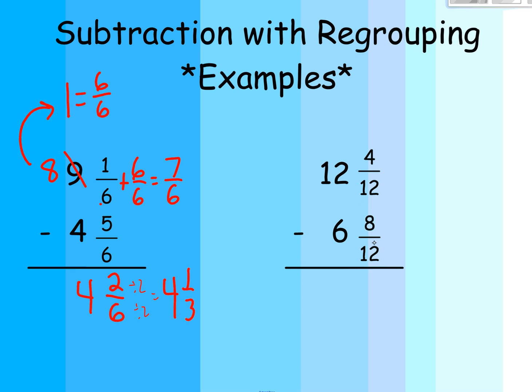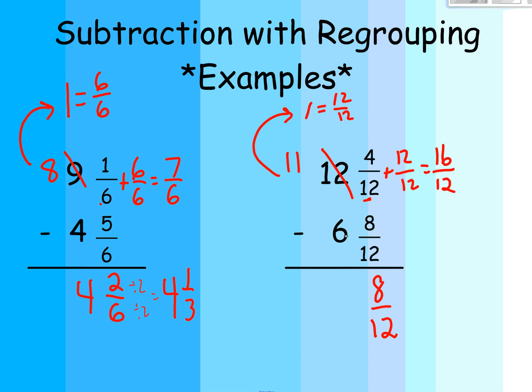Let's look at 12 4/12 minus 6 8/12. Can't do 4/12 minus 8/12, so I'm going to regroup. This becomes 11. I've changed it by 1, which I'm going to call 12/12. So now I'm going to add my 12/12, and now I have 16/12. 16 minus 8 is 8, so 8/12. 11 minus 6 is 5.